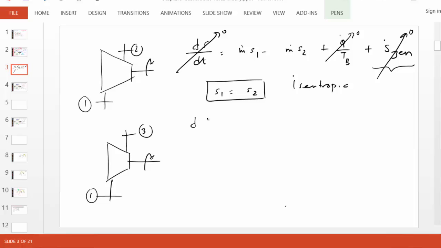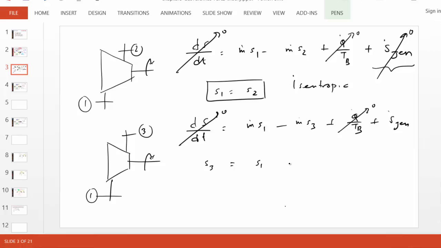and apply the entropy equation again on this actual compressor, this time again steady state, no heat transfer, but for an actual compressor we can write S3 equals S1 plus the entropy generation.